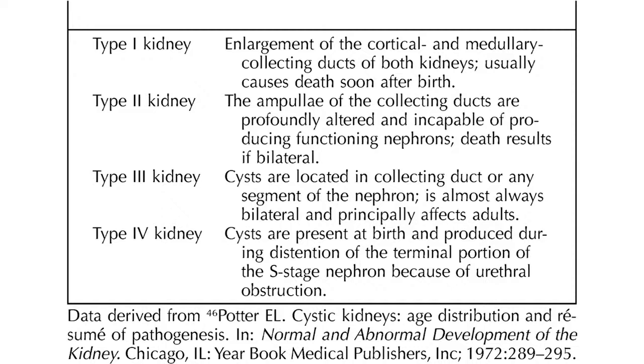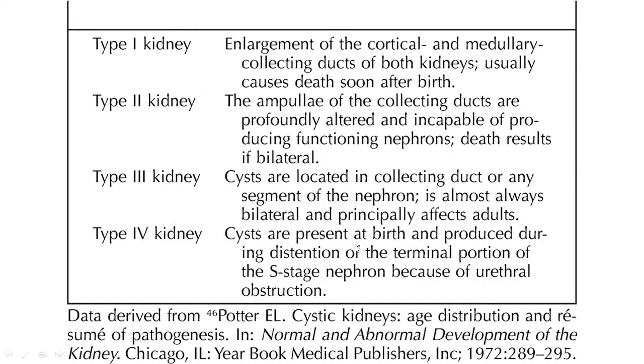Type 2 is ampulla of collecting duct are profoundly altered and incapable of producing functioning nephron, death results if bilateral. Cysts are located in collecting duct and segment of nephron and almost always bilateral and principally affect adults. So, this is type 3 kidney which is seen mainly in the adult. Fair enough?